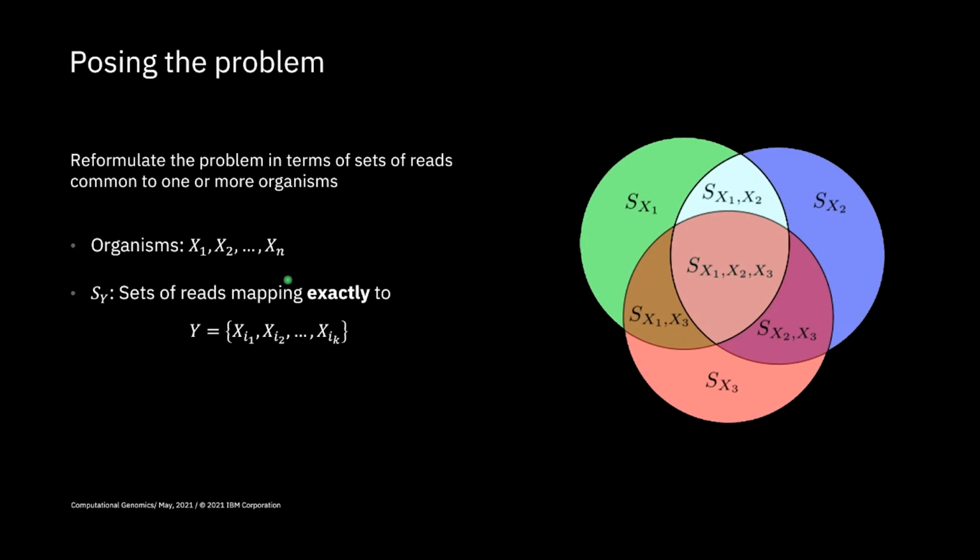Okay, so Y is a subset of the set of all the organisms, and Sy are the reads that map exactly to those. And so the input that we're taking for our problem are the reads, the organisms, and the relations among reads and organisms. Okay?